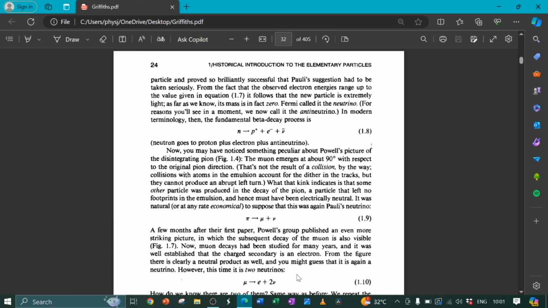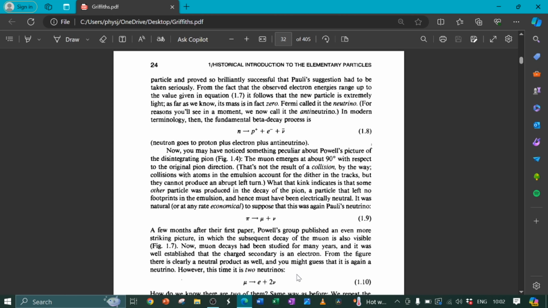Now you may have noticed something peculiar about Powell's picture of the disintegrating pion, figure 1.4. The muon emerges at about 90 degrees with respect to the original pion direction. That's not the result of a collision, by the way. Collisions with atoms in the emulsion account for the dither in the tracks, but they cannot produce an abrupt left turn.